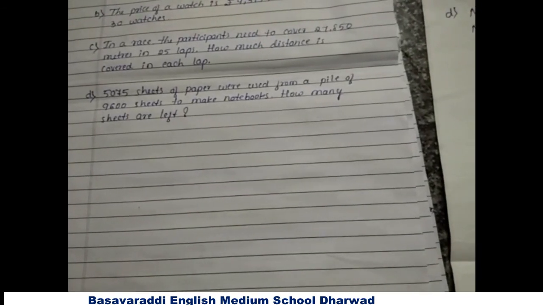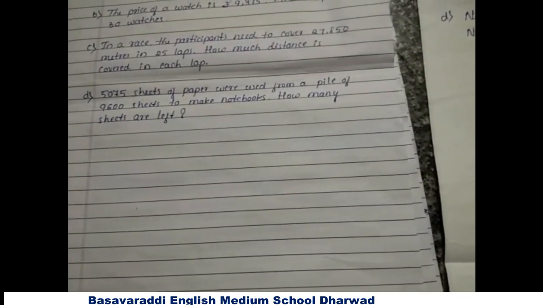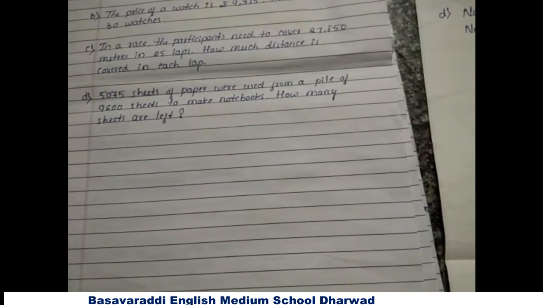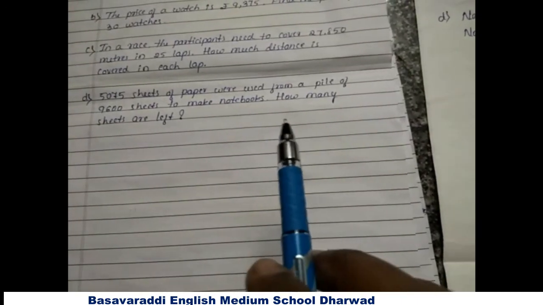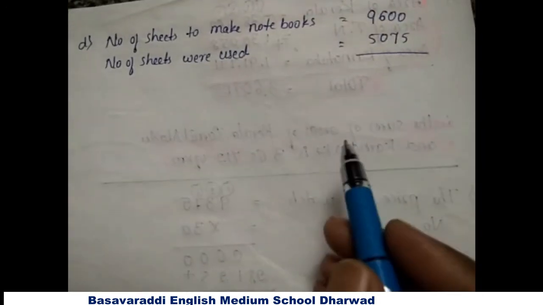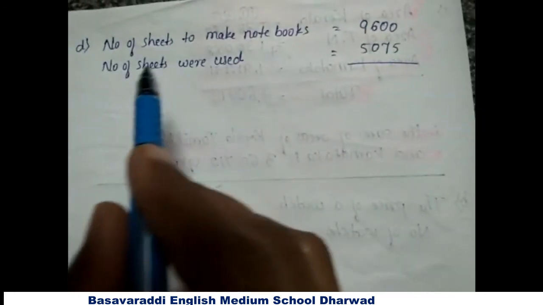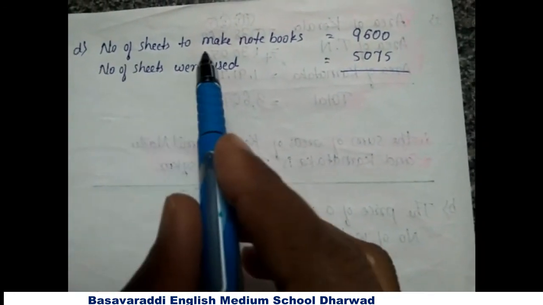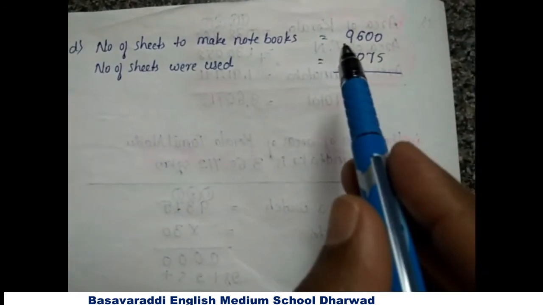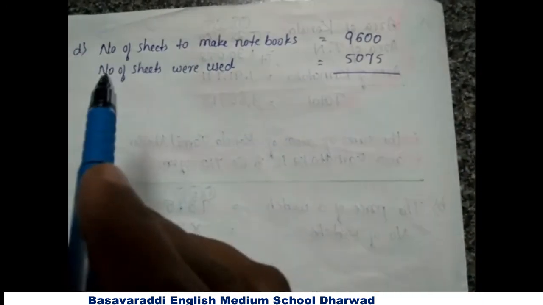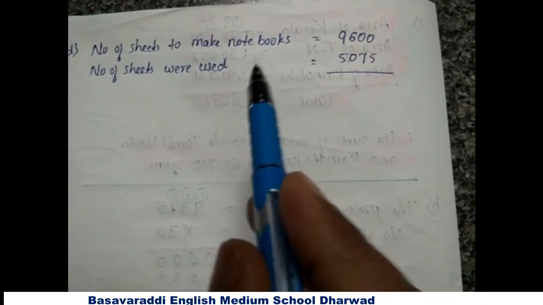Yes, that means that is subtraction. So we have to find out the sheets that are left. Yes, we wrote the statement here from the given question. The number of sheets to make notebooks, that is 9600. The number of sheets used already, that is 5075.